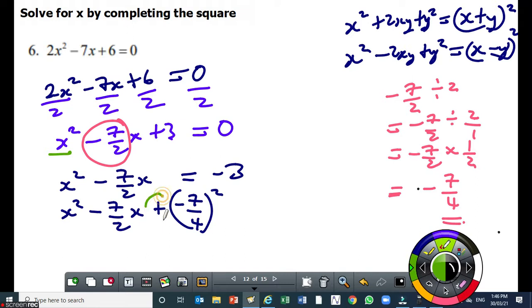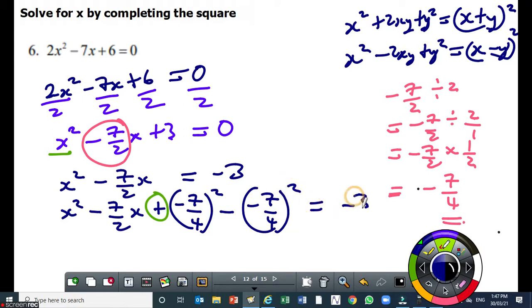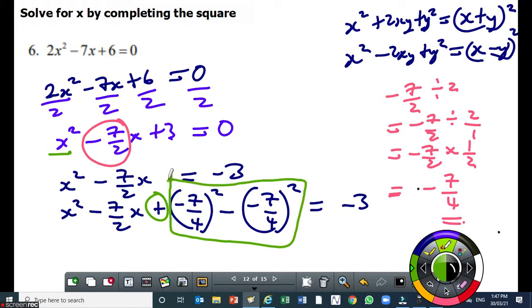This is a mathematical technique that is used to solve the problem. So I now need to subtract minus 7 over 4 all squared, and this is equal to negative 3. Now the question will be, what is the answer here? What's the answer there? It's equal to 0.